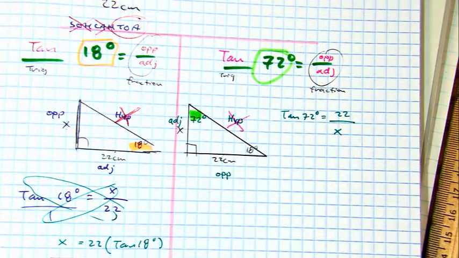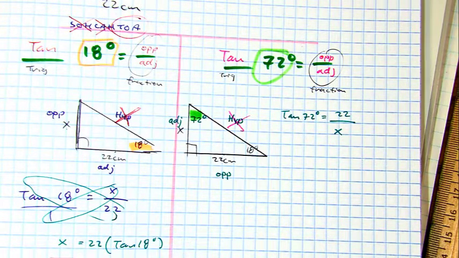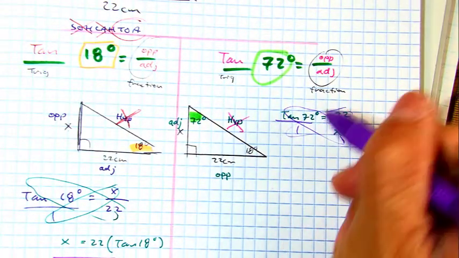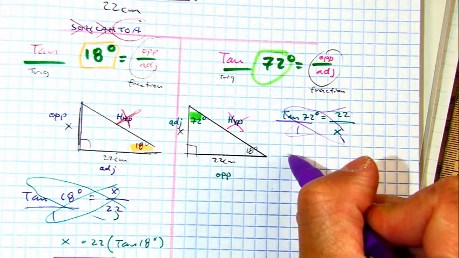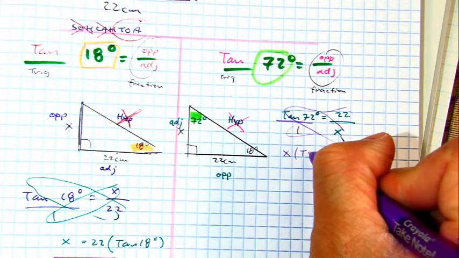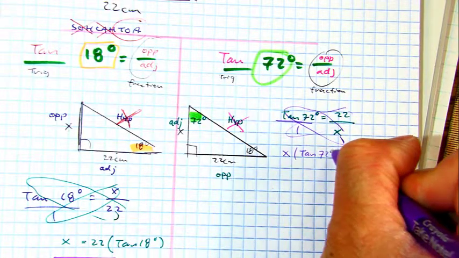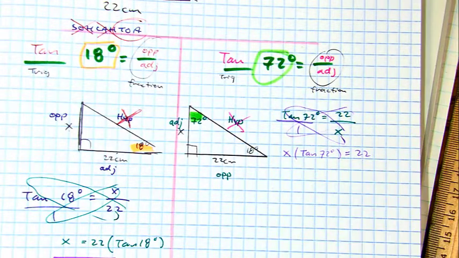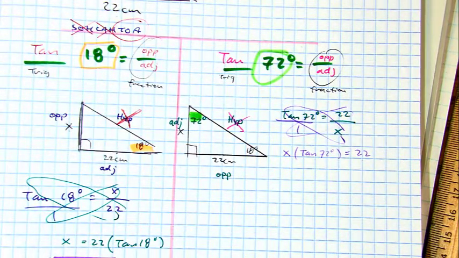Manny, how do I solve this from here? Tell me what to write. How do you get x by itself from here?